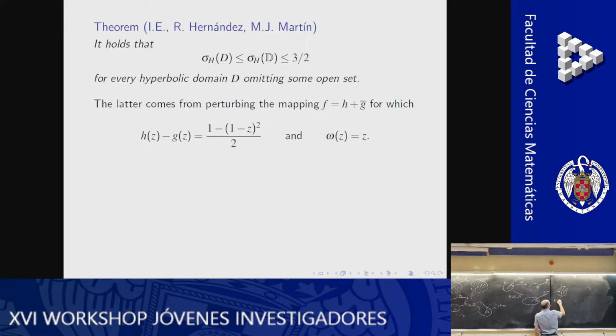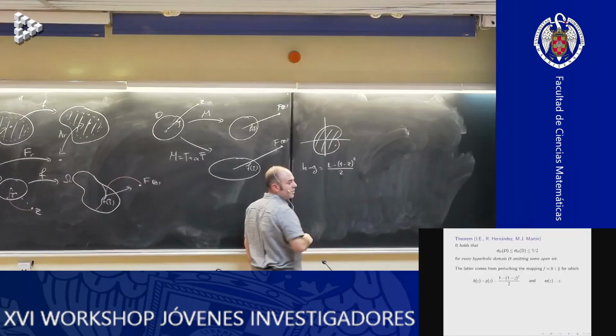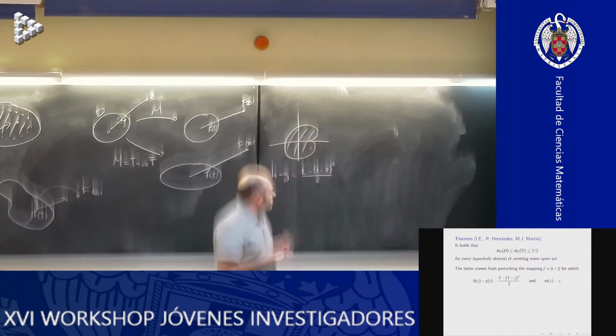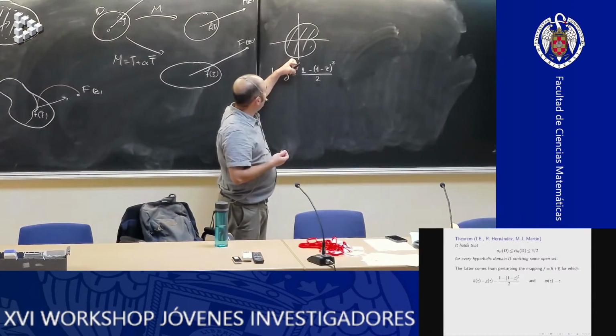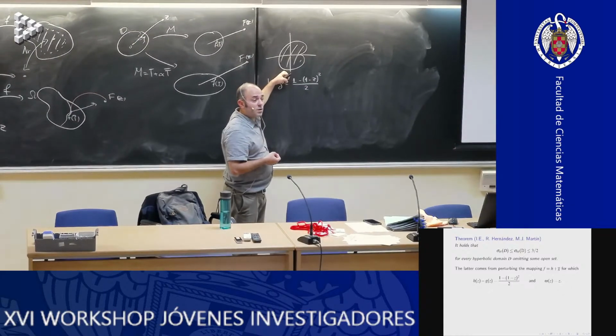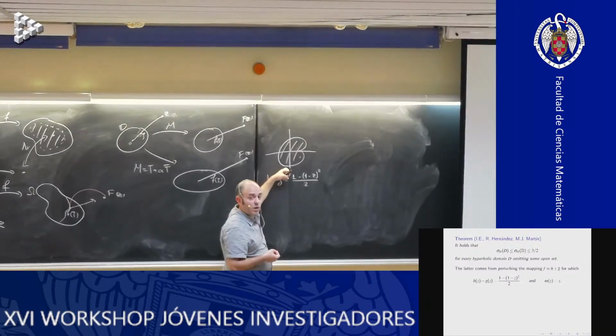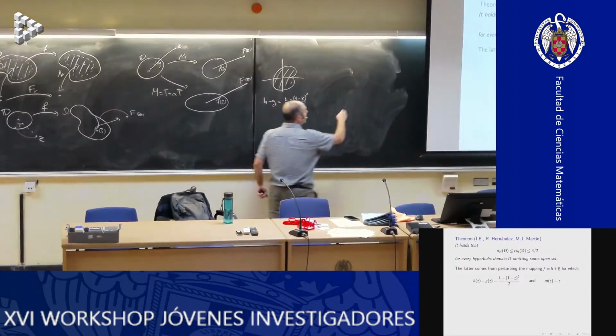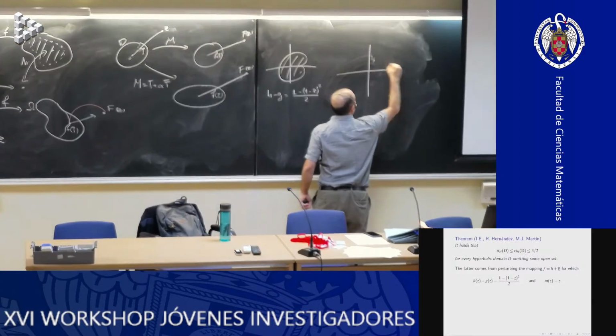Now the image of this function is this cardioid. There's a procedure for getting univalent harmonic mappings called shearing, which, if you have an analytic function which is convex in one direction, here the horizontal one, then you can shear and get a harmonic mapping which is convex in the horizontal direction.